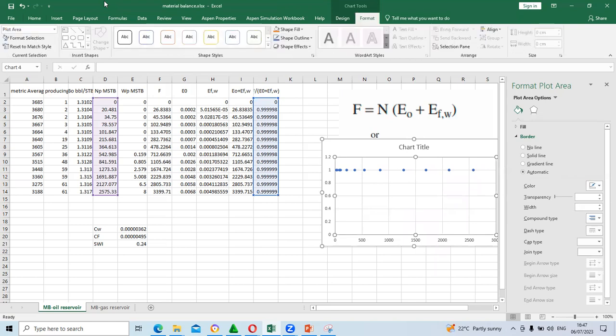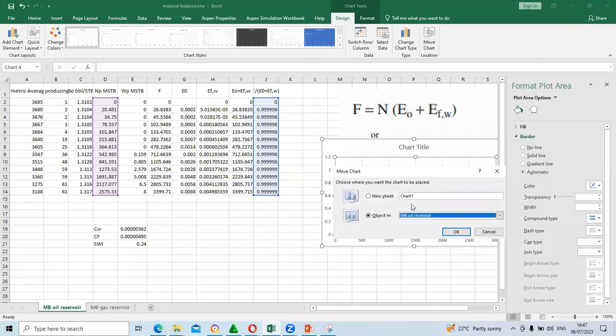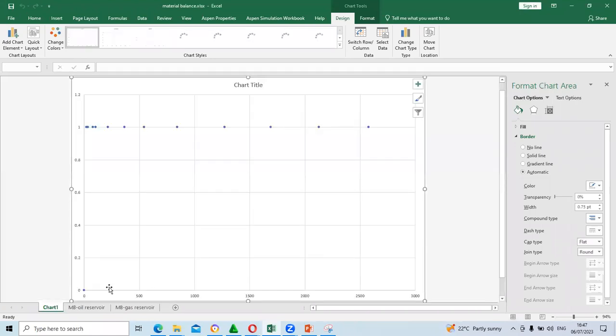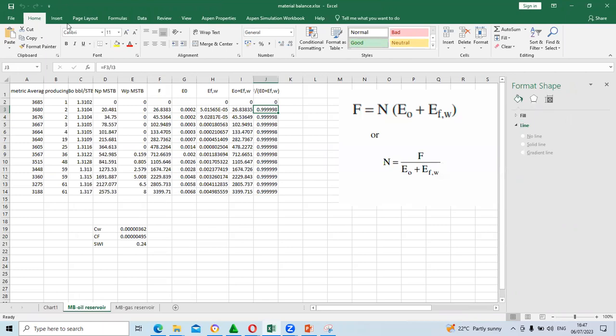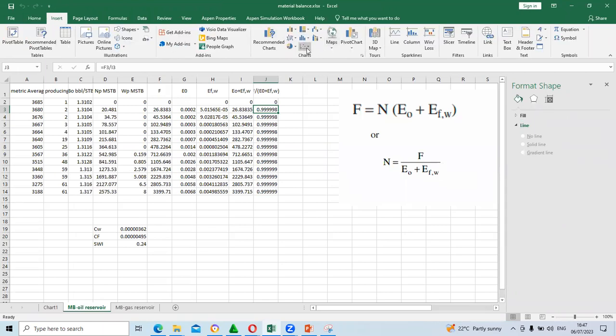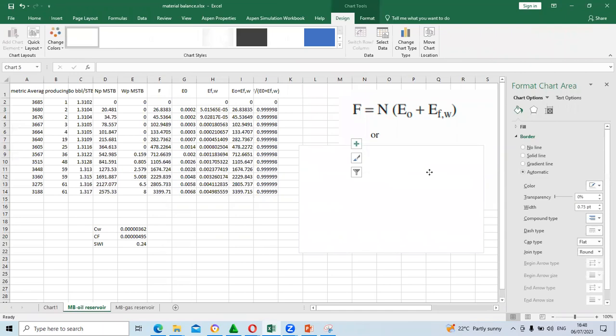Okay, I'll move chart. Yeah, let's move it there, so that the graph is alone somewhere else, so that we are not seeing it again. So we can now plot a graph of what is highlighted here. We'll just call it a scatter plot first.